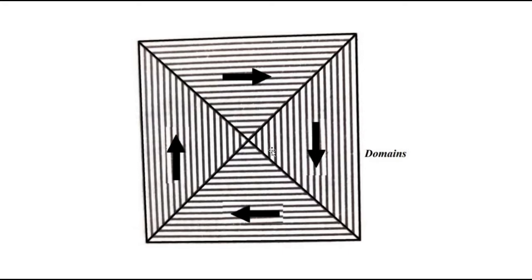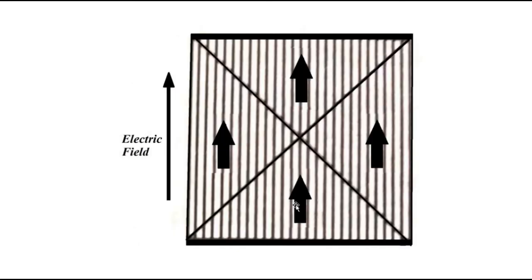These domains are aligned in random directions when the external magnetic field is absent. But when a magnetic field is provided, these domains, which are groupings or clusters of magnetic dipole moments, align in one specific direction, resulting in a strong form of magnetism.